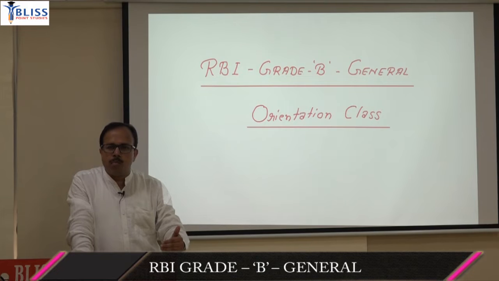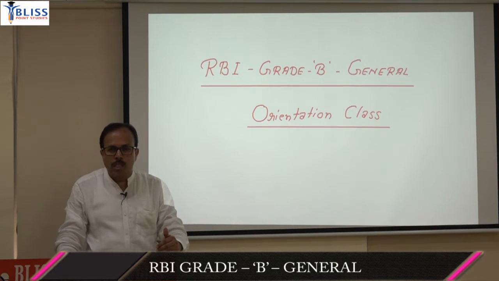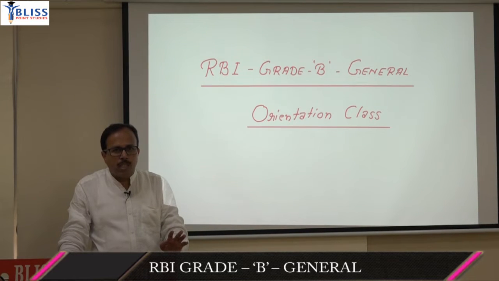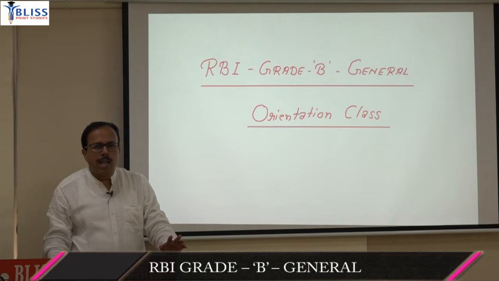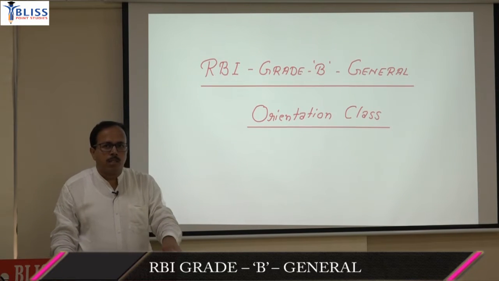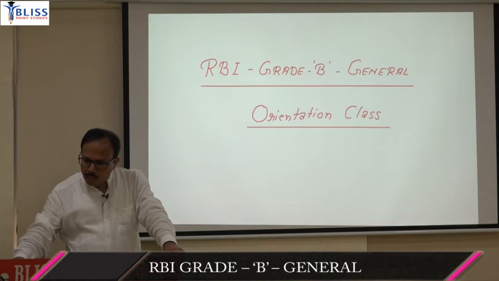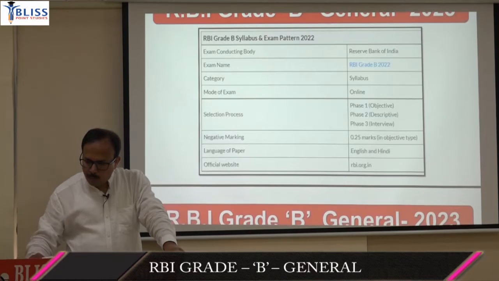Phase 1 you can say is preliminary, a sort of screening, that means the marks of phase 1 will not be counted in your final selection, but you have to qualify there. Sectional qualification is there, as well as the overall cutoff you have to meet. I think in this orientation class I will be addressing all your concerns. To start with, you can refer to this content part.